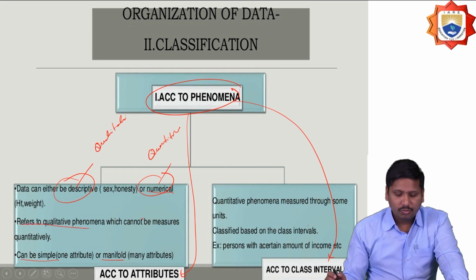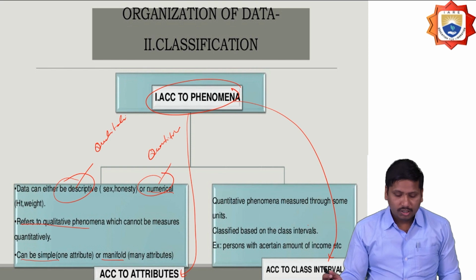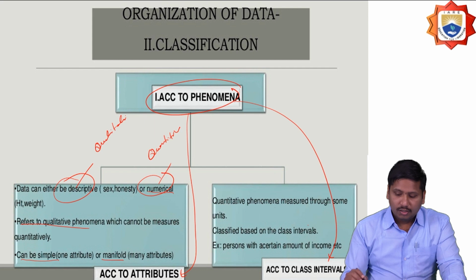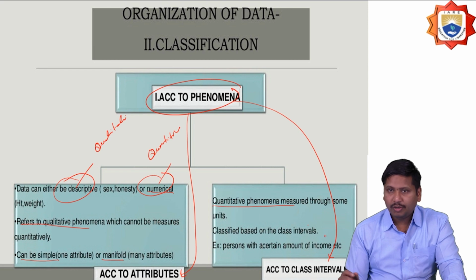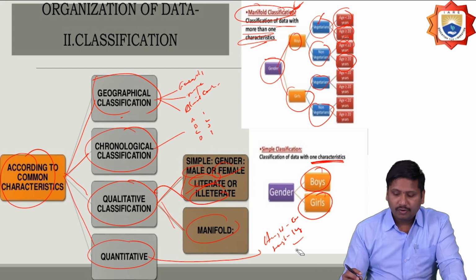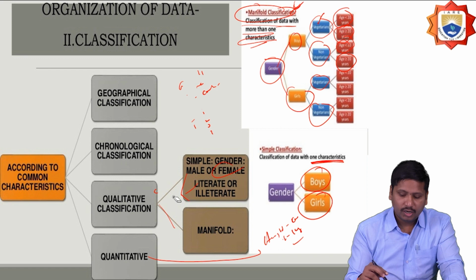Similarly, quantitative means the data is represented in some measures, and according to the class interval, normally this is a quantitative phenomenon where we are able to represent the values in class intervals. Like for example, the person has a certain amount of, and similarly this organization of the data, again if I take it out, it should be based on the classification that I can do.